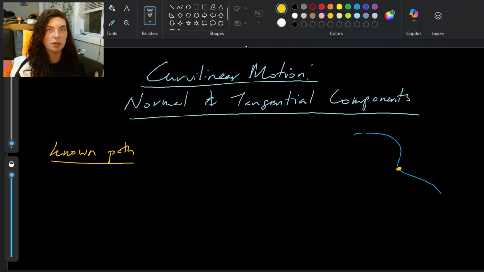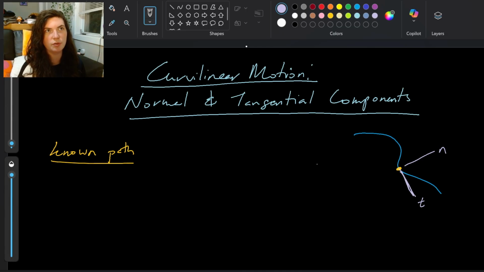Instead of using the traditional X and Y axis that he's traveling along, what I'm going to do is create a coordinate system that is made up of a new axis system, where the axes are the tangential, so that's coming off of the crest of that curve, tangent to the curve. I have one axis, we'll call this the t-axis for being tangent to where that curve crests, and then a normal axis, and this is perpendicular to that tangential axis, going inwards, usually towards some center point of the curve.